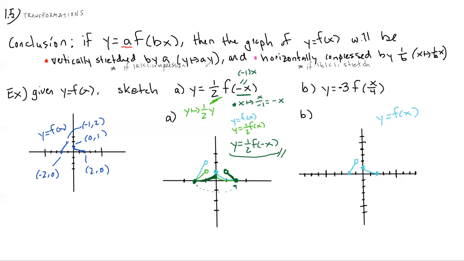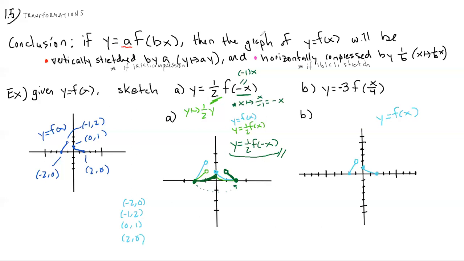So one way that you can look at this is just sort of point mapping. So if we started with all of the points drawn here, so we started with -2 and 0, and -1 and 2, and 0 and 1, and 2 and 0.